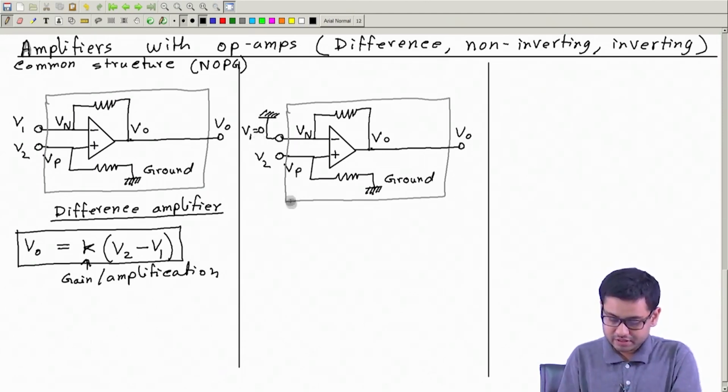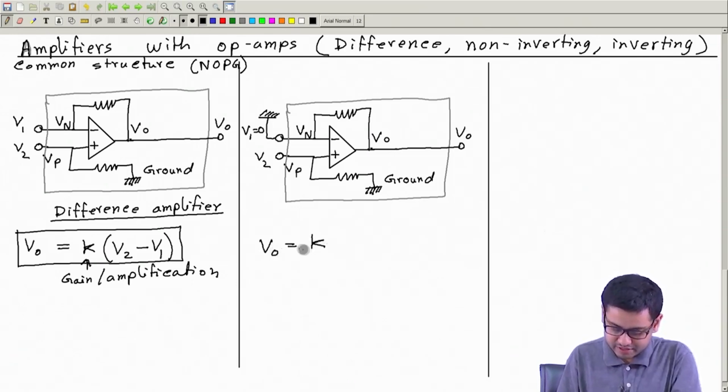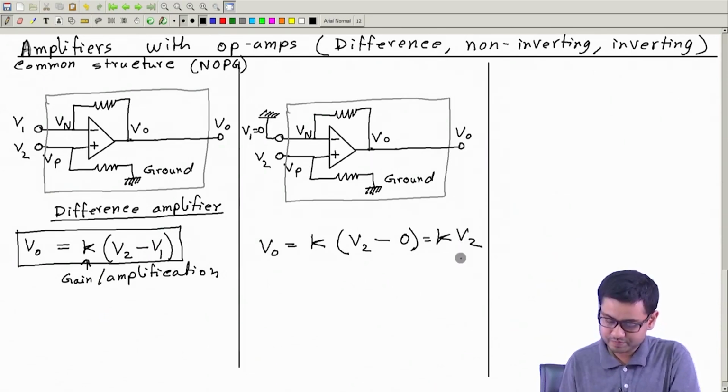This is the same circuit. The only difference is that instead of applying a voltage V1, I am just applying 0 volt. So I can write the output will be K times V2 minus 0, which is the same as K times V2. V2 is the same as Vp, so you can also write K Vp here.